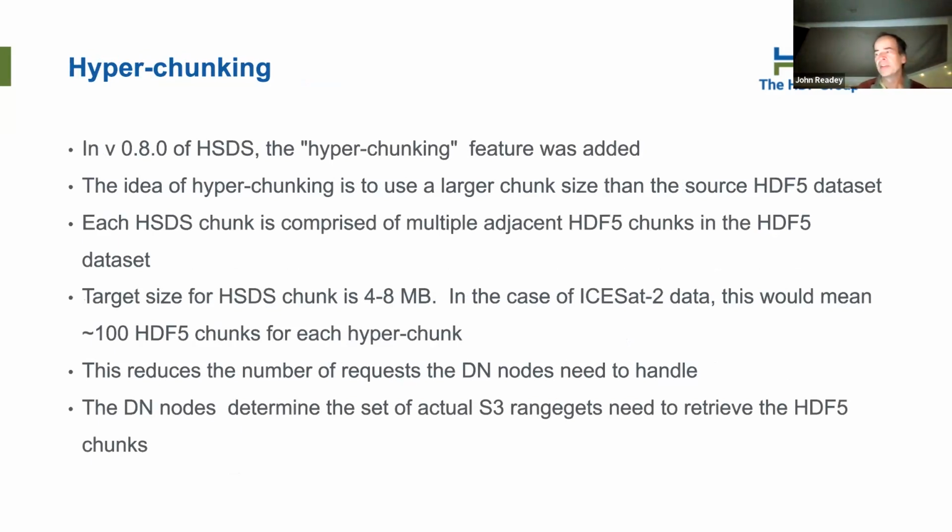So let's say your HDF5 dataset's chunk size is 40 kilobytes. We can create an HSDS chunk out of 100 of those HDF5 chunks. And that means that when a request goes, it only has to deal with the larger chunks, not all the microscopically small chunks in the source file.